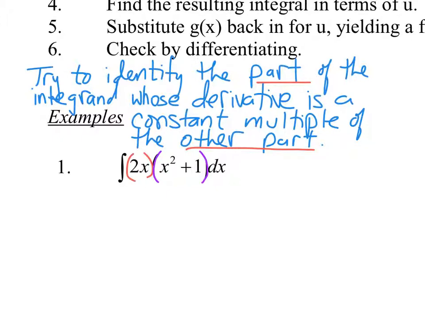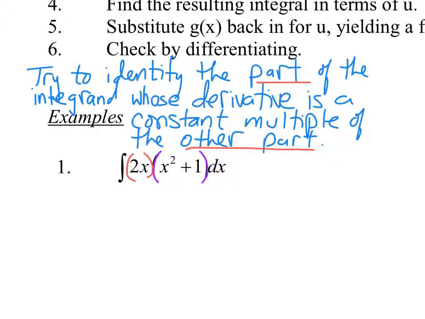The key to being able to figure that out is knowing what a constant multiple is. A constant multiple is really just differing by a numerical factor. For example, 3x is a constant multiple of x, or the 3 is, anyway. It's a constant multiple away from being just the x.